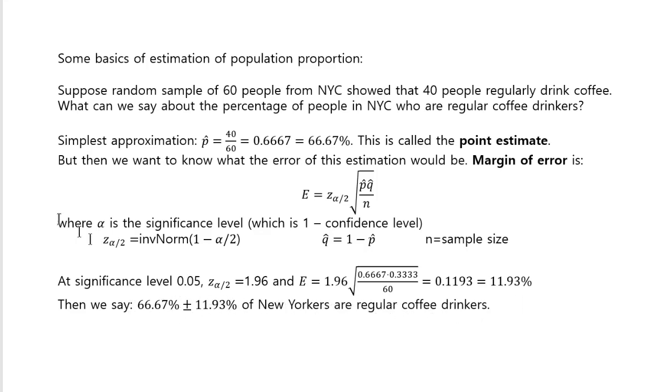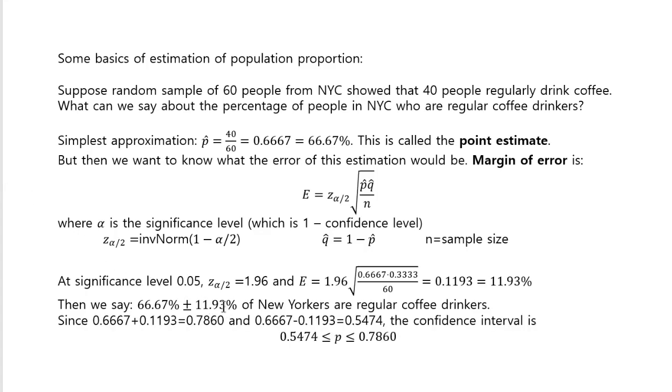And if you add and subtract, you get 0.7860 and 0.5474. The p without the hat is the true proportion in the entire population, and this p would be some value between 0.5474 and 0.7860.